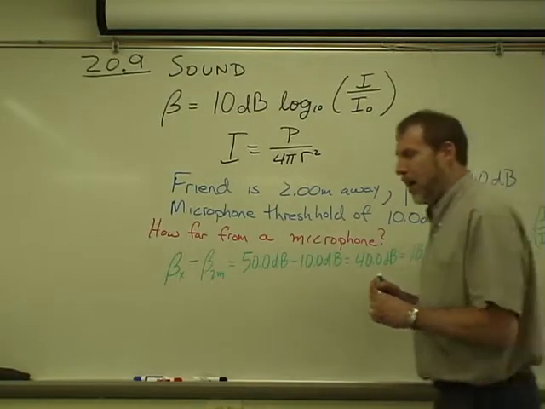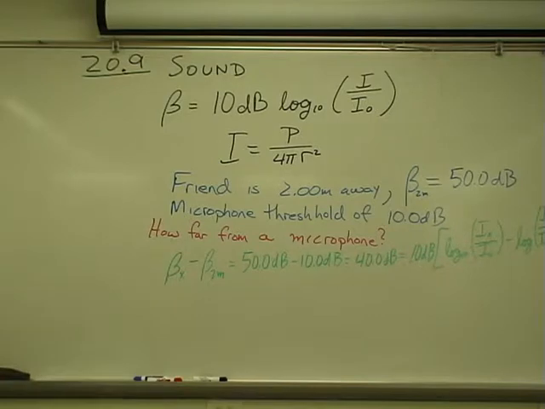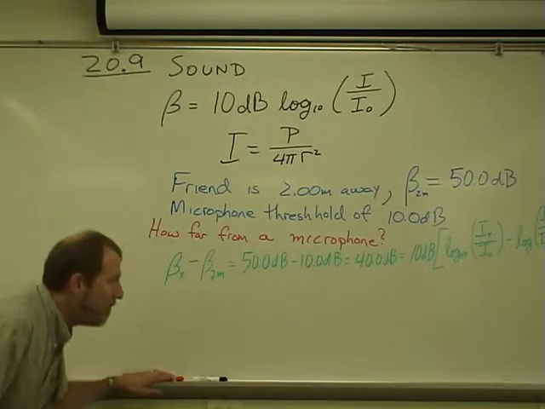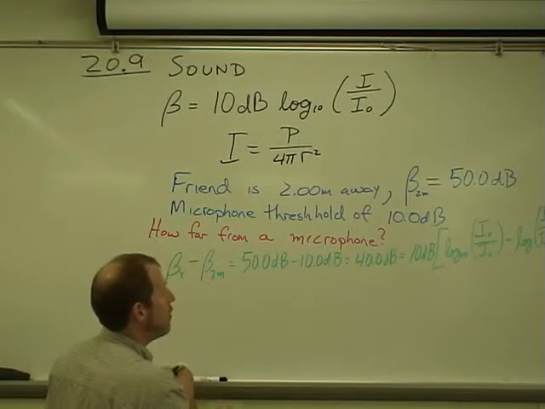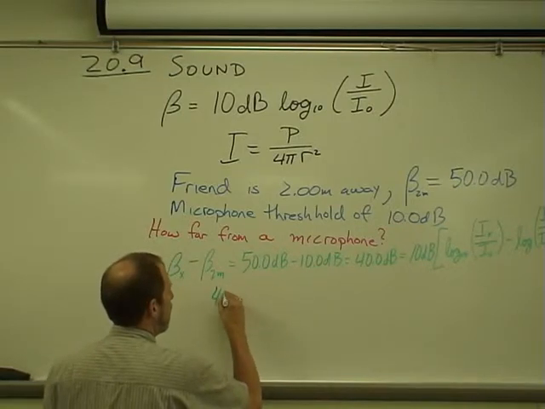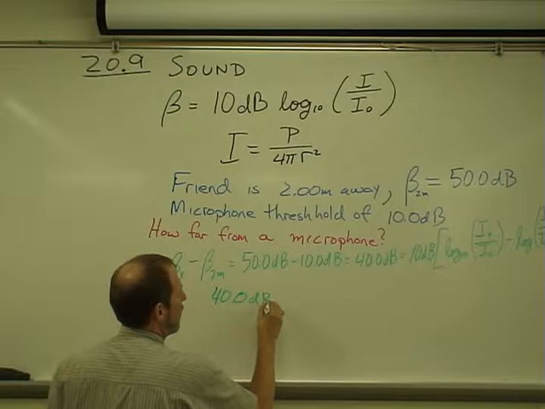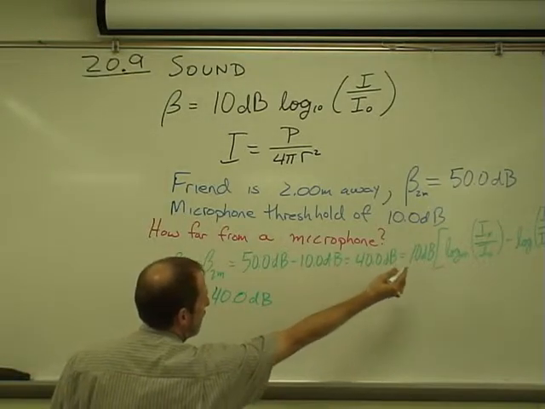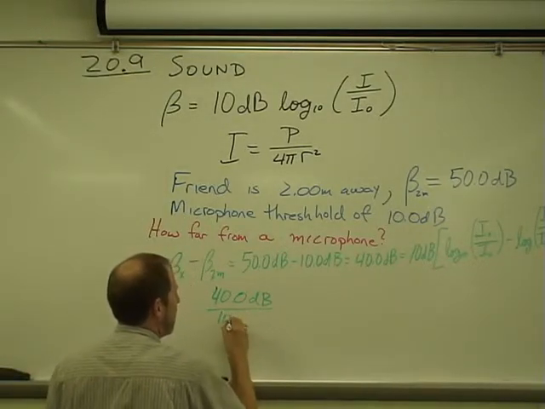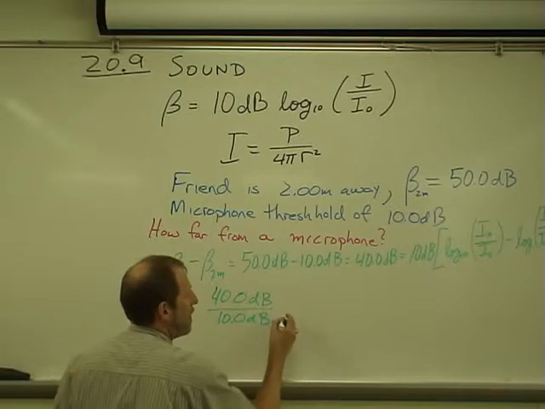Now, this becomes your friend. And if you're familiar with working with logs, it's definitely your friend. But if I have this next equation and say, okay, so 40 decibels is equal to 10 decibels, let me divide both sides by 10 decibels.